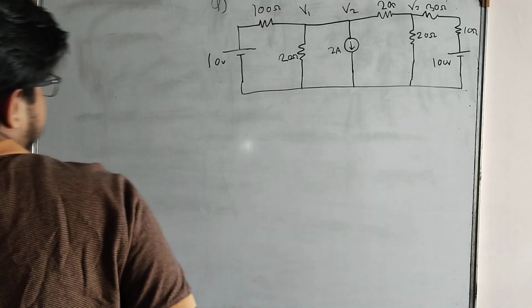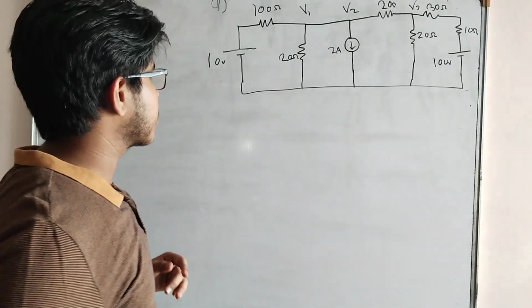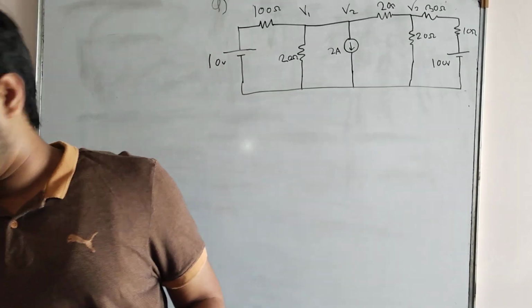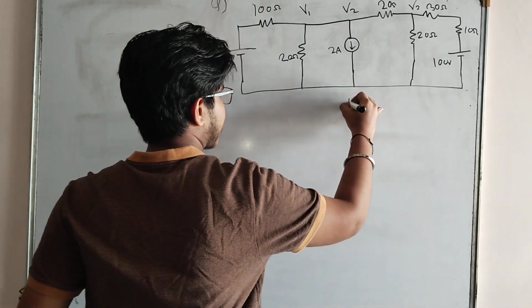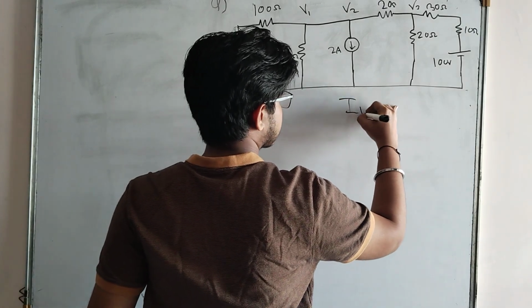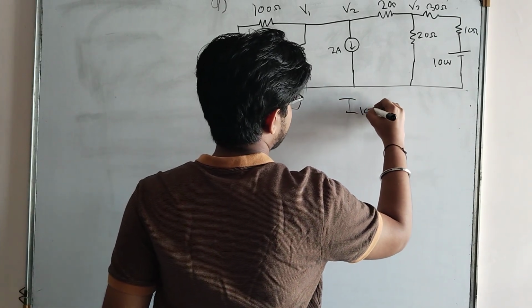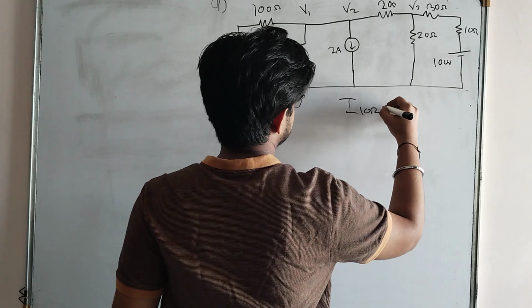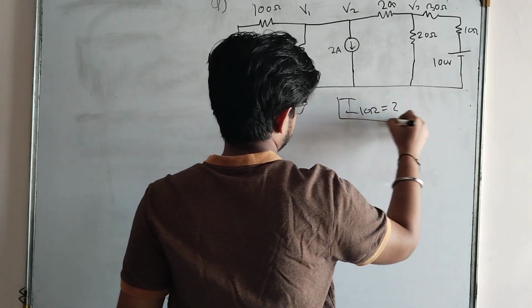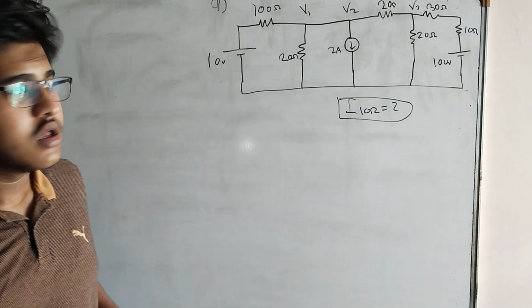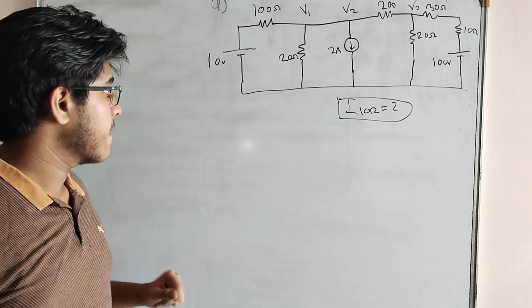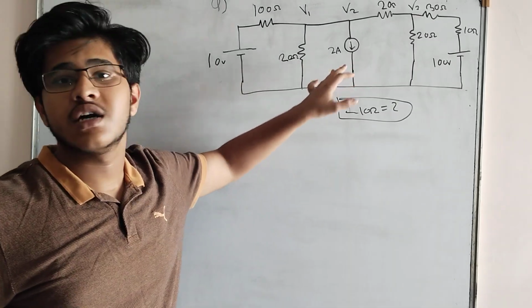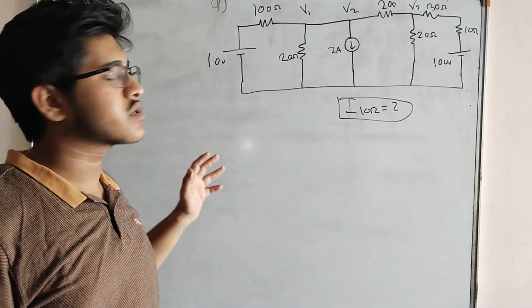So friends, this is our new question. It is a more amazing question, and our final question is to calculate the current through the 10 ohm resistance. Is how much? Okay, I forgot to complete the question, but this is an amazing question because in this you will see a current source as well as a voltage source.